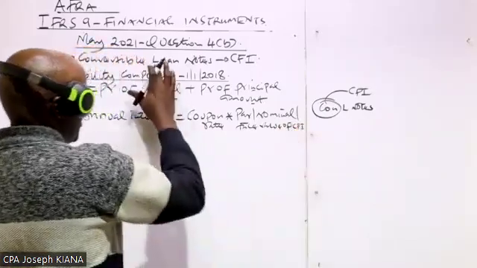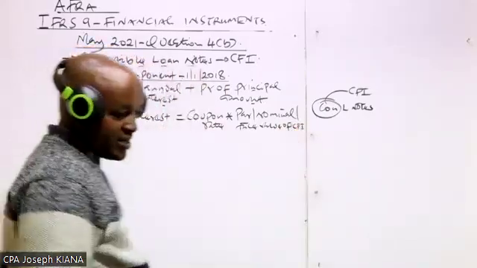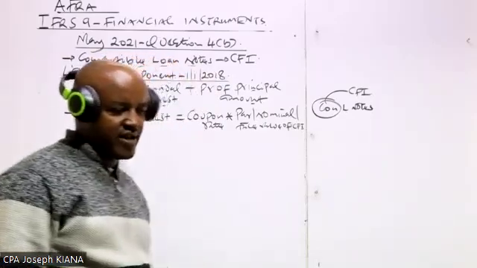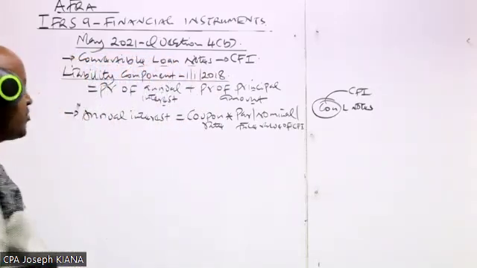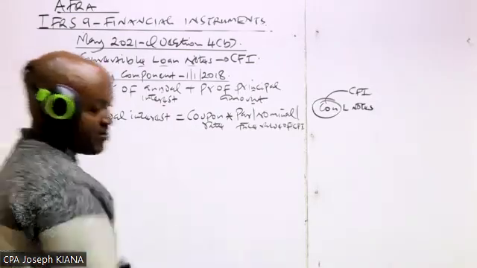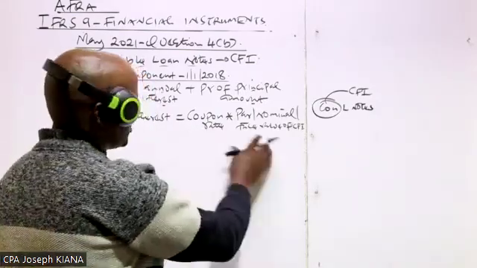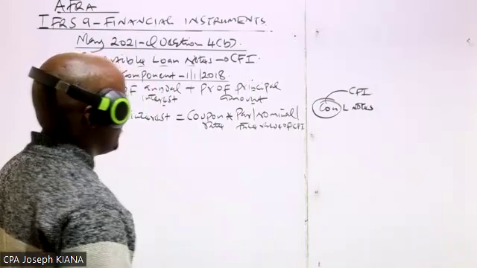Remember, this convertible loan stock is a CFI. This is how we compute the interest to be paid by the company on an annual basis: the coupon rate times the par, the nominal, or the face value.